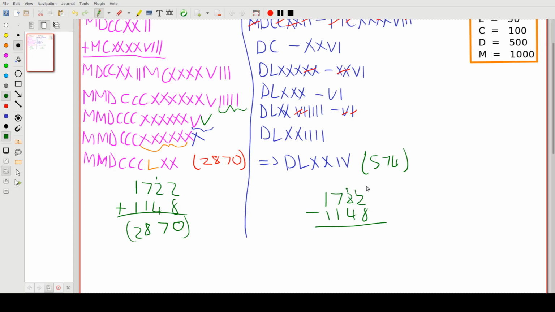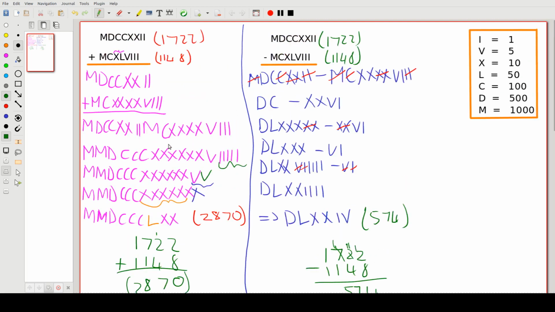Okay, so 12 minus 8 is 4. 1 minus 4, we can't do that, so we have to go borrow again. So this becomes an 11, and this becomes a 6. So 11 minus 4 is 7. 6 minus 1 is 5. 1 minus 1 is nothing. There we have our answer, exactly the same.